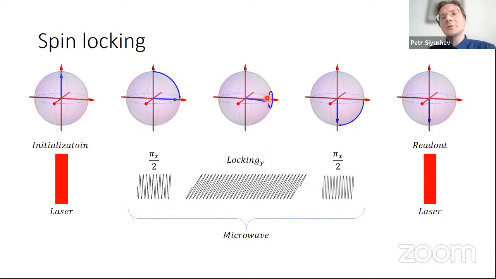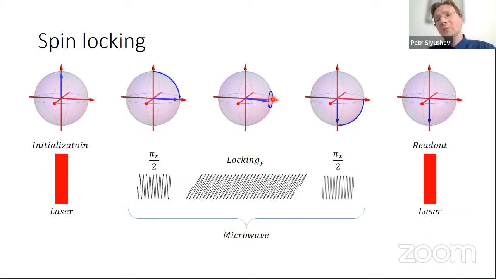Basically, we constantly drive our spin so that it sees all magnetic fluctuations constantly changing sign and canceling each other. So you can consider this as a decoupling pulse.